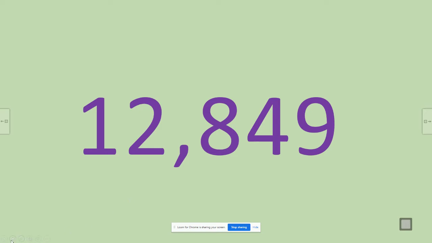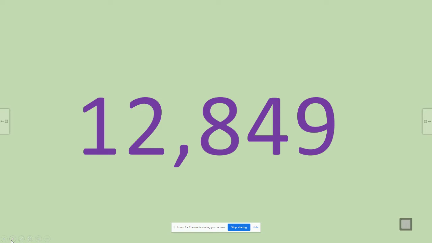So we go to our tens column, and we are rounding from that point. Then we look at the number next to it. If it's 5 or more, we round that number up. If it's 4 or less, we leave it as it is.